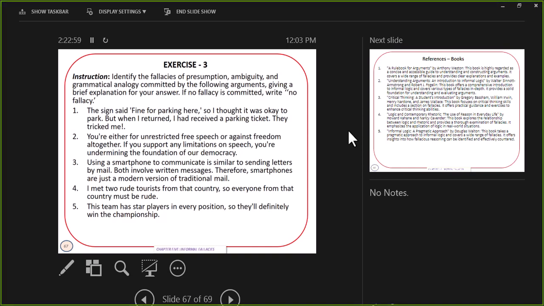Using a smartphone to communicate is similar to sending letters by mail. Both involve written messages, therefore smartphones are just a modern version of traditional mail.